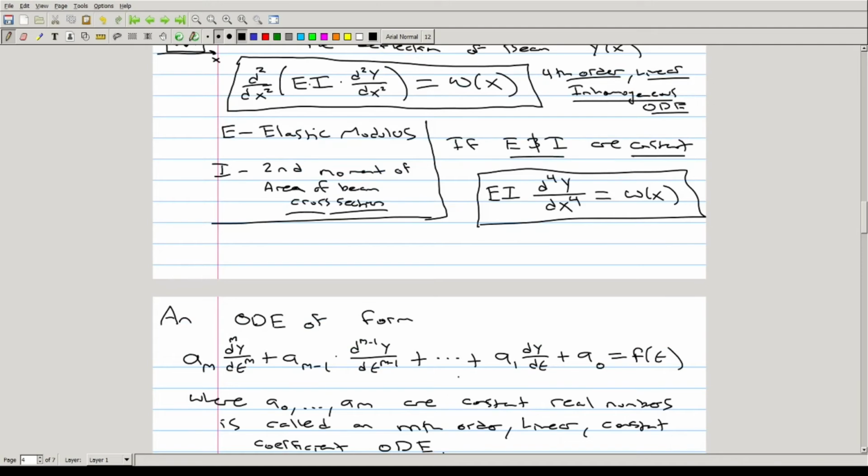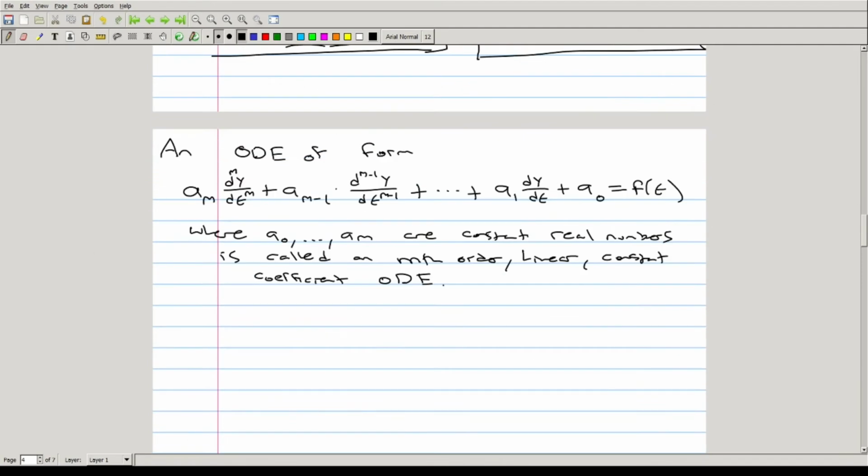And these should be familiar to you from your undergraduate ordinary differential equations class. We'll call a differential equation of this form star in our future calculations.